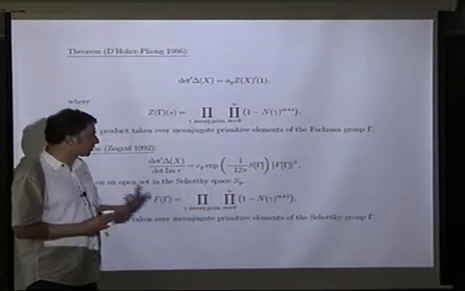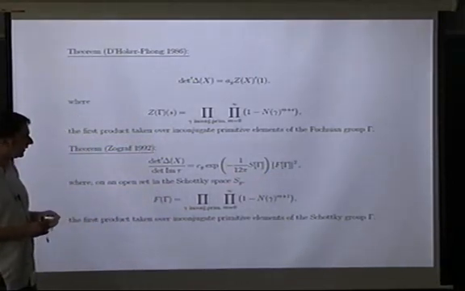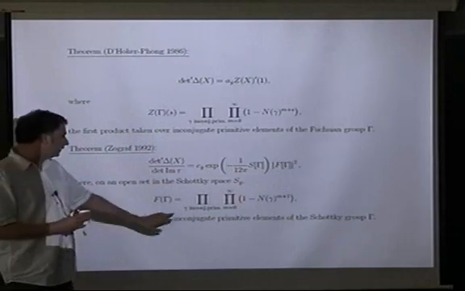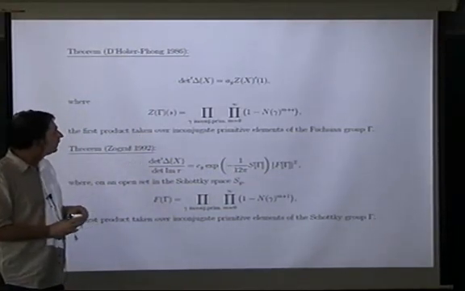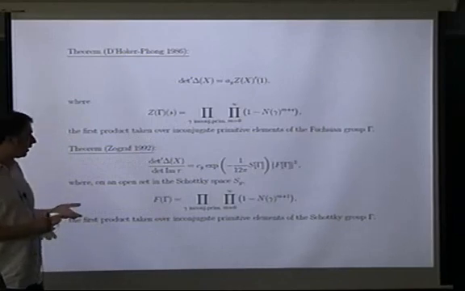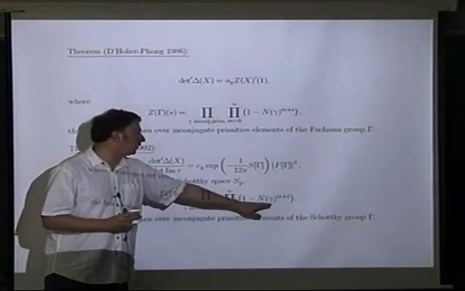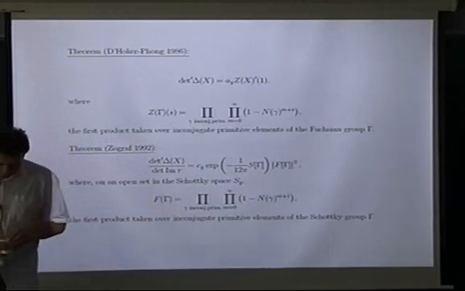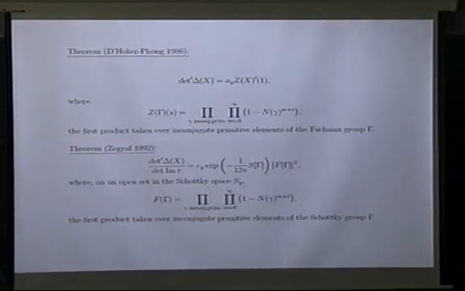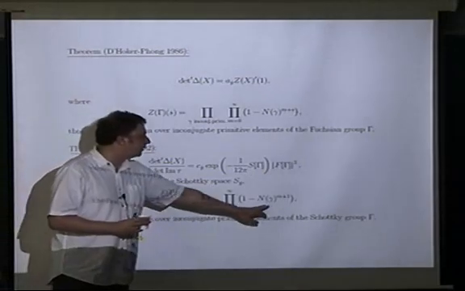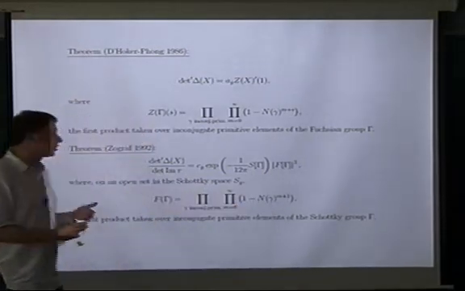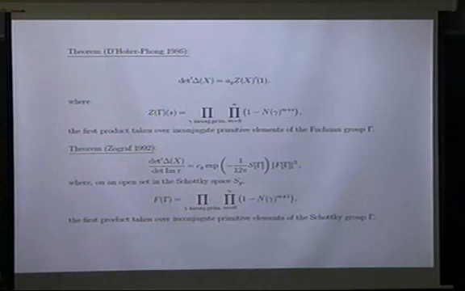This holomorphic function is sort of an analog for the Dedekind eta, and it's actually the exact same product as for the Selberg zeta, except the multipliers here, instead of being taken to be the multipliers for the Fuchsian group, are taken to be the multipliers for the Schottky group uniformizing the surface.